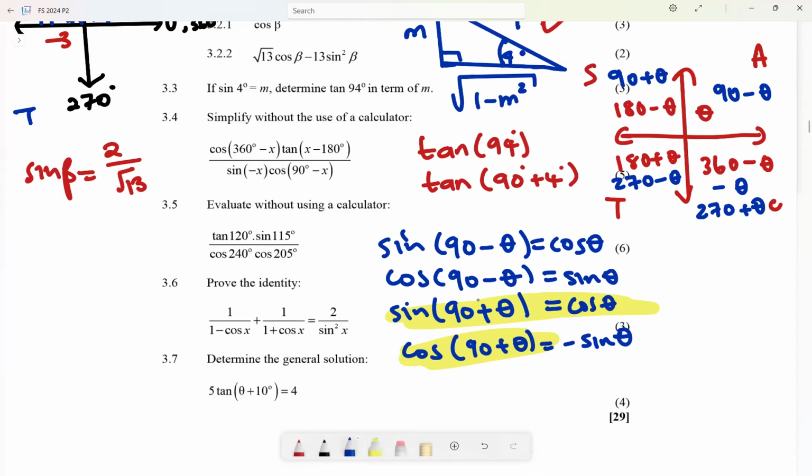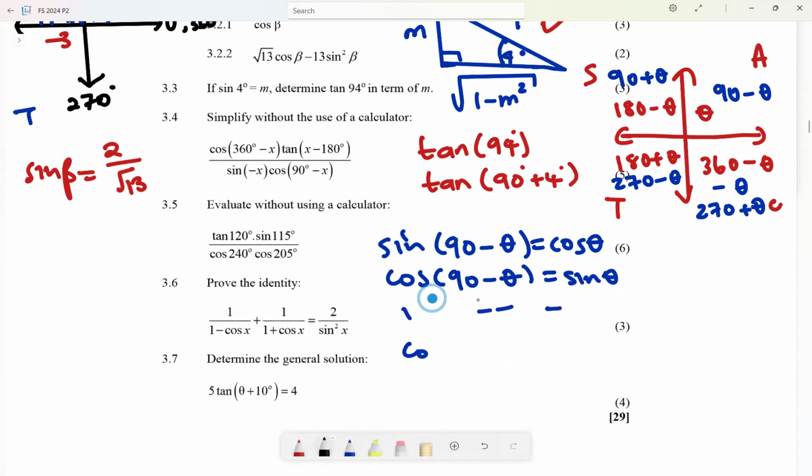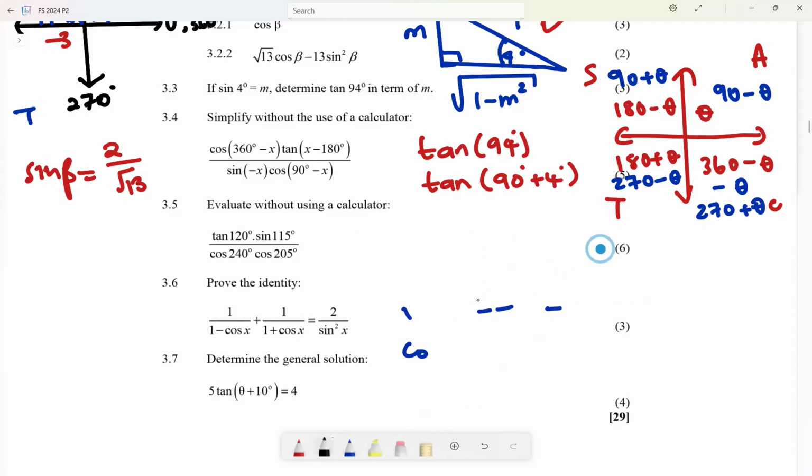If you're not sure, you can take your calculator and say cos of 90 plus 8. You will get a negative answer. I'm done, I'm moving on. But now remember, we do not have cofunctions for tan. I'm answering the question here.